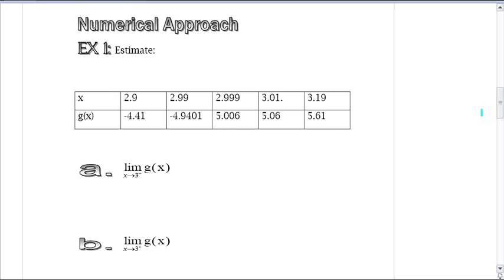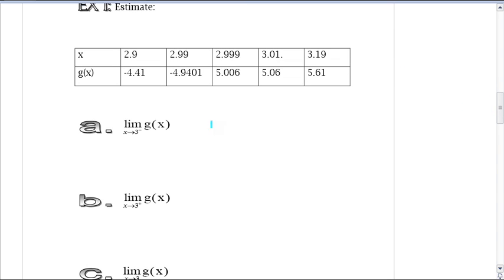Okay, example 1. We're going to estimate all of these limits. Now the first thing that I want to do, if I look at part A, is look at what I'm approaching. X is approaching 3 from the left. Now if you identify where 3 is in the table, this is the X and this is your height, this is your Y. So the height is what we want.